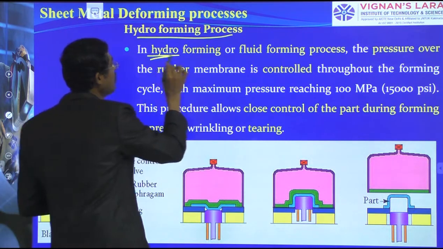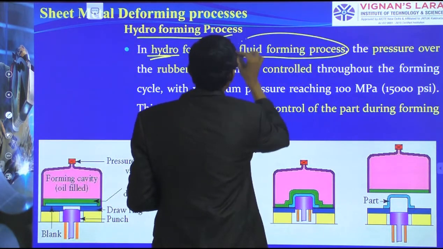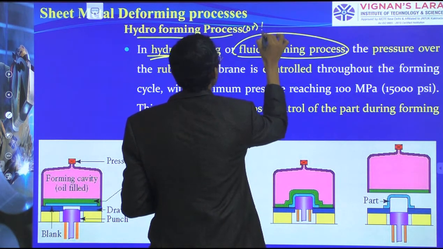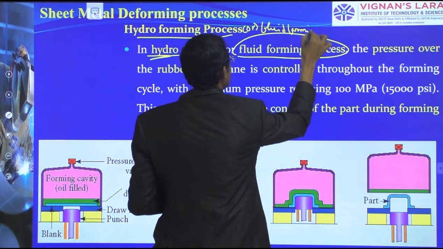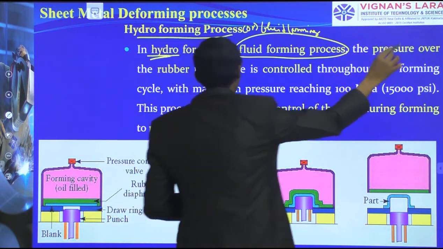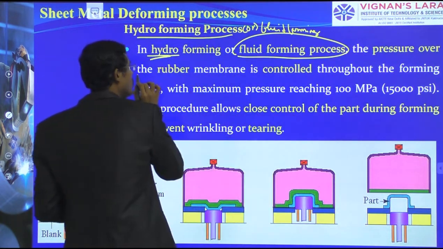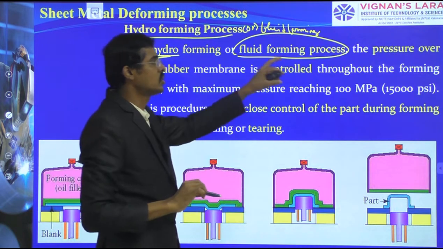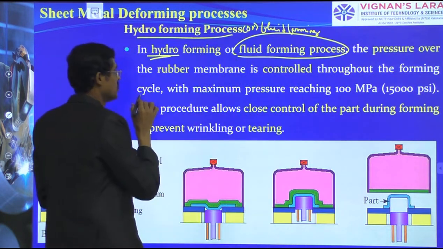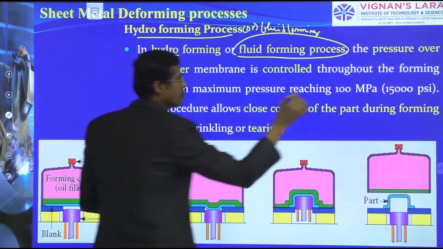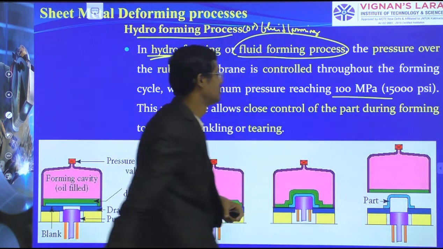You see, the hydroforming process is otherwise known as fluid forming. The pressure over the rubber membrane is controlled throughout the forming process with a maximum pressure of up to 100 megapascal.